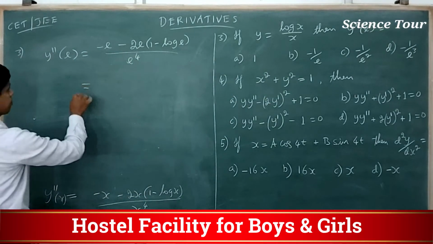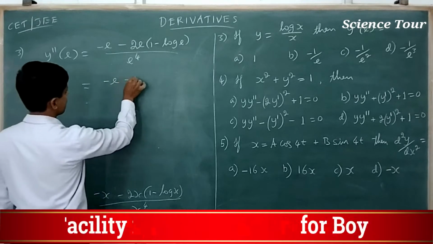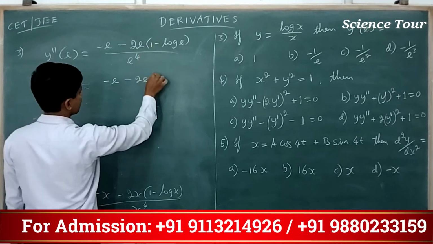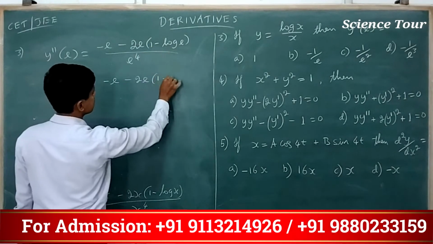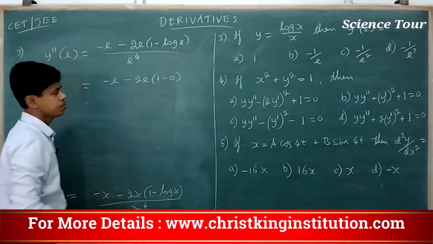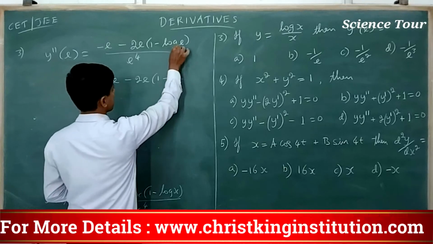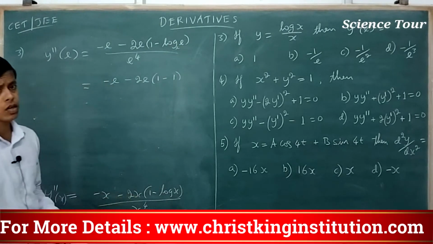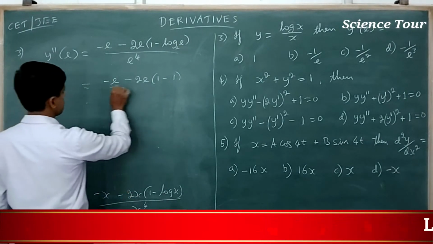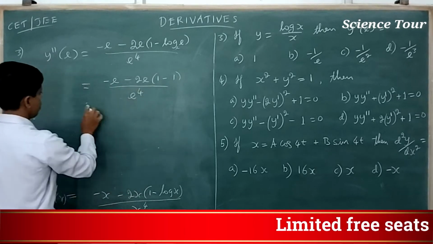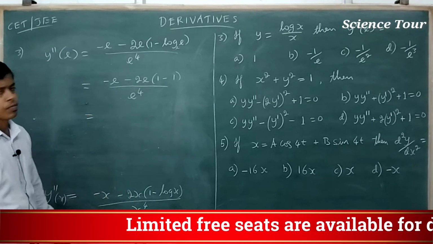So let's do that. Minus e and then minus 2e into 1 minus log e, because log e to the base e is 1, alright, so log e is 1, and 1 minus 1 is 0, and this is e raised to 4, right?